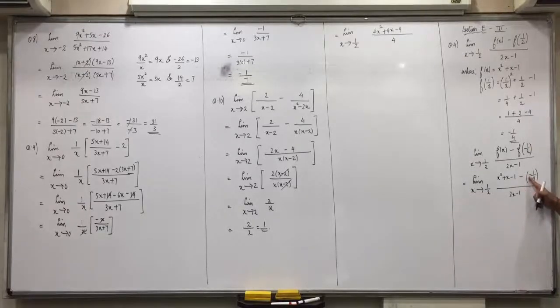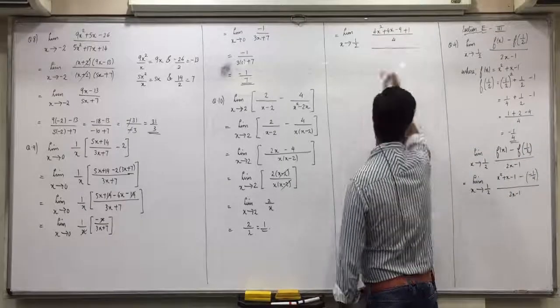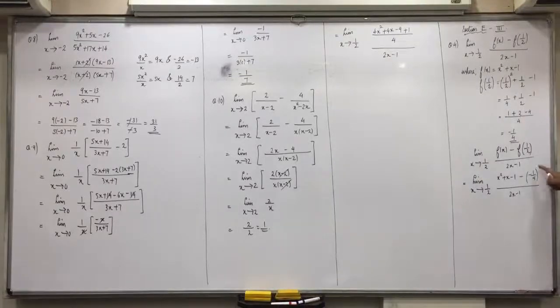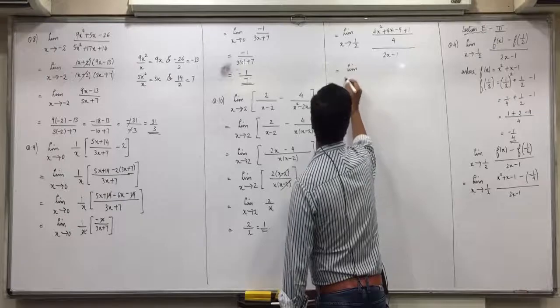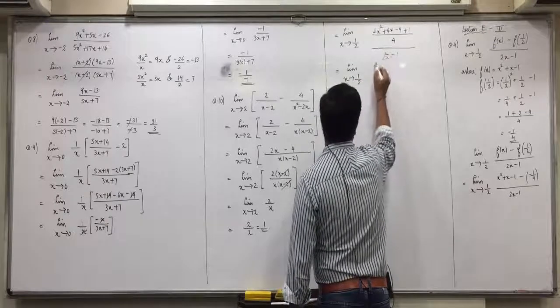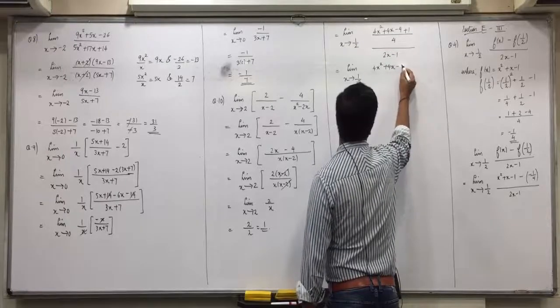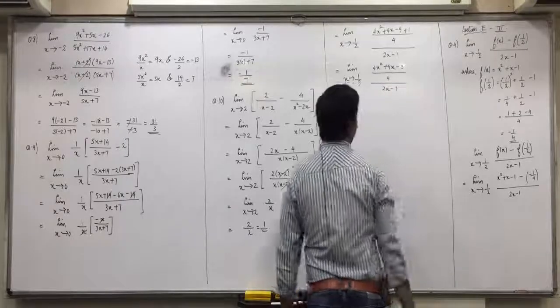And minus minus becomes plus 1 as it is because it already has the denominator of 4. Divided by 2x minus 1. Understood this? Don't multiply this with 4. Here the denominator 4 is already there. So simply minus minus plus 1. Now limit x tends to 1 by 2, 4x square plus 4x minus 4 plus 1, minus 3. Any confusion in this?